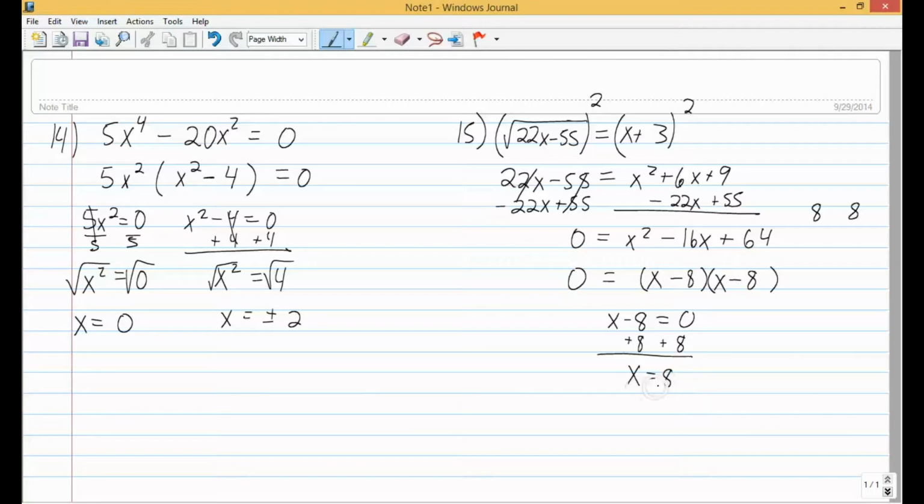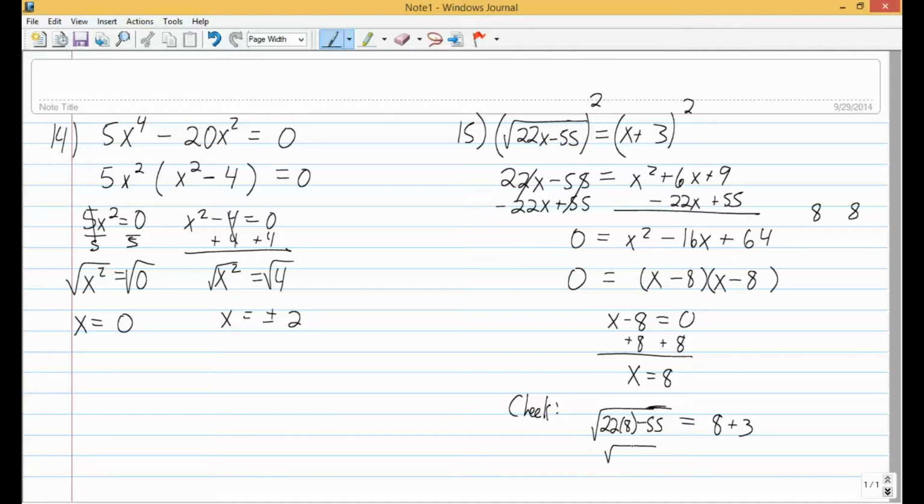Now make sure that you go back and check your answers for radical equations because sometimes they don't work out. And if they don't work out, we don't include them. So go up here to your original without the squares there and there. Plug in 8. That's the square root of 22 times 8 minus 55 equals 8 plus 3.